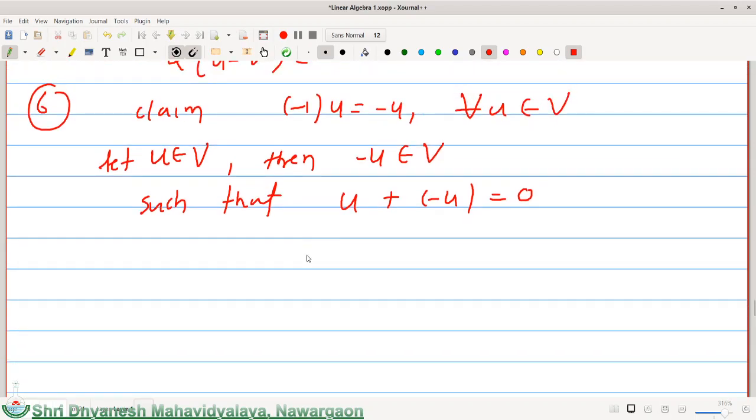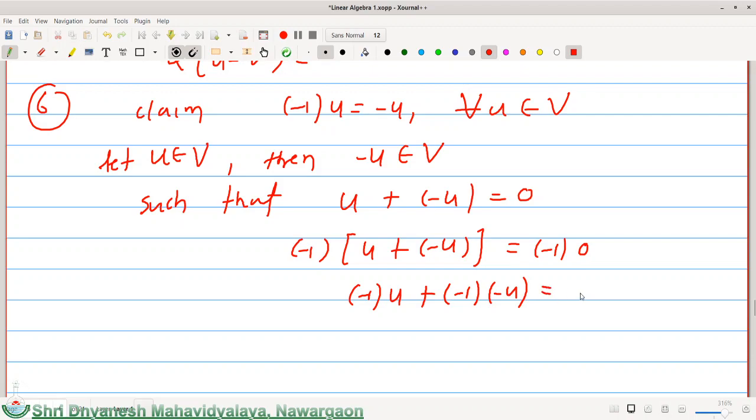Next, we multiply, pre-multiplying this equation by minus 1. So we write minus 1 into (u plus minus u) is equal to minus 1 into 0. So this is minus 1 into u plus minus 1 into minus u is equal to minus 1 into 0 will be 0.